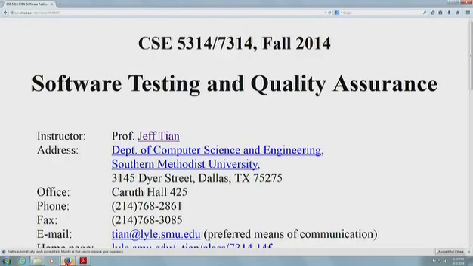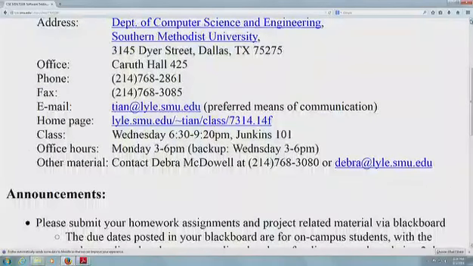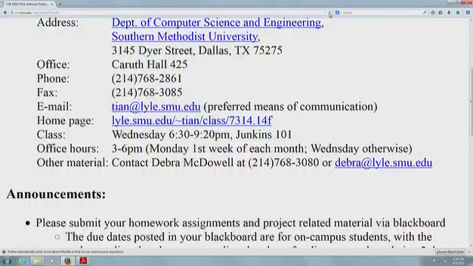The small change is here in the office hours. Remember that I told you that I might need to tweak the office hours a little bit. It turned out that Wednesdays will be good except the first week of each month, where I have meetings in the afternoon.